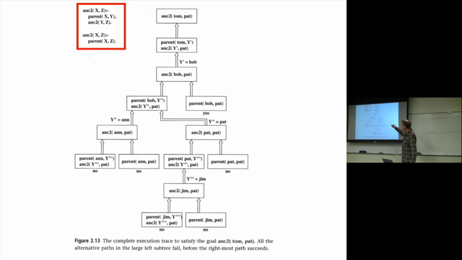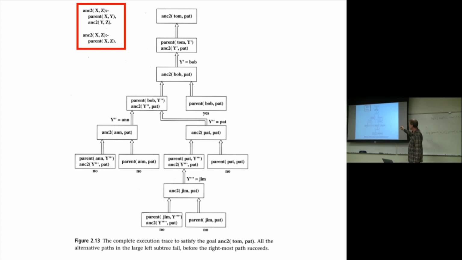So X is an ancestor of Z if X is a parent of Y, and Y is an ancestor of Z. If we put that rule first, and then this rule second, ancestor of X is Z if X is a parent of Z. So what did we do? We put the base case second. If you put the base case second and your first rule starts like this, it will actually work.